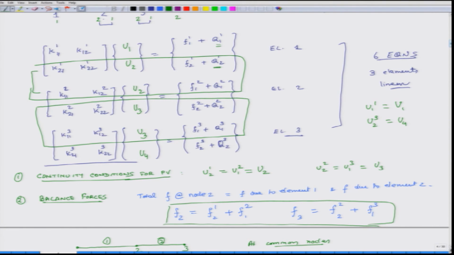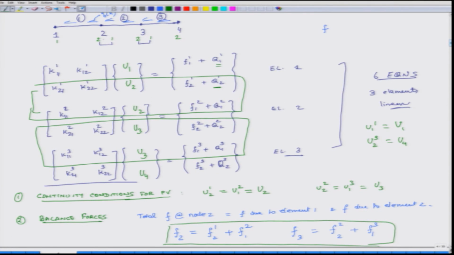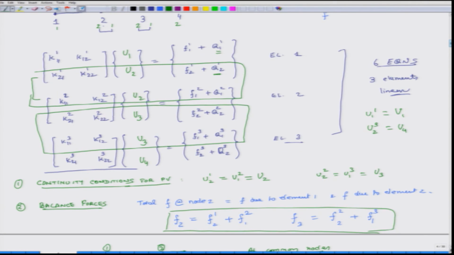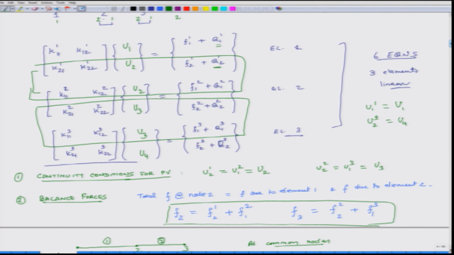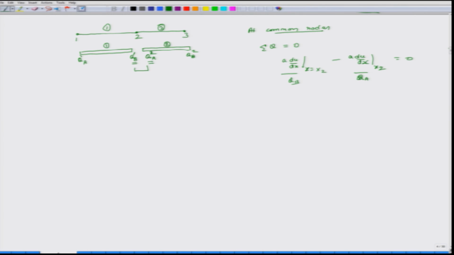So first stage is I employ the continuity conditions and replace local degrees of freedom by global DOFs, and then second I add up forces at nodes which are common. Okay. So when I do that, what do I get? I get my first equation is still same.